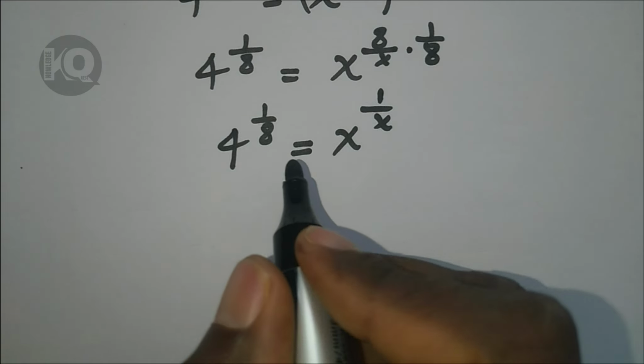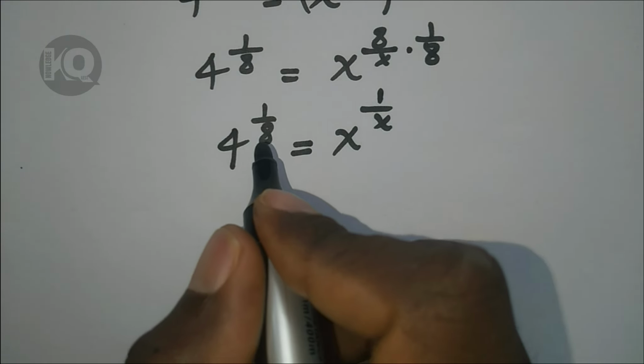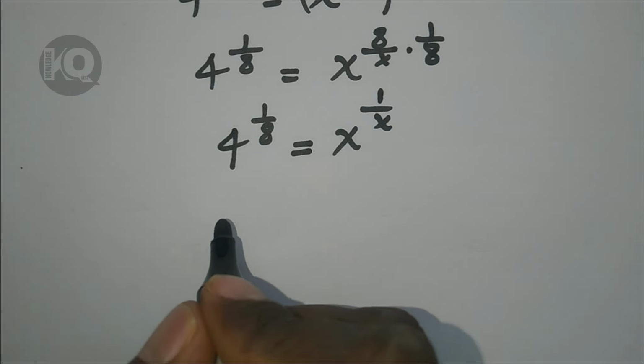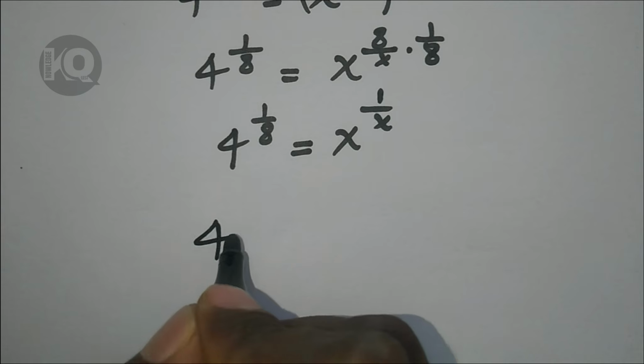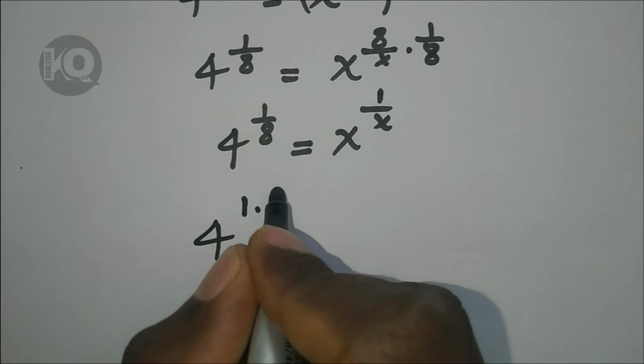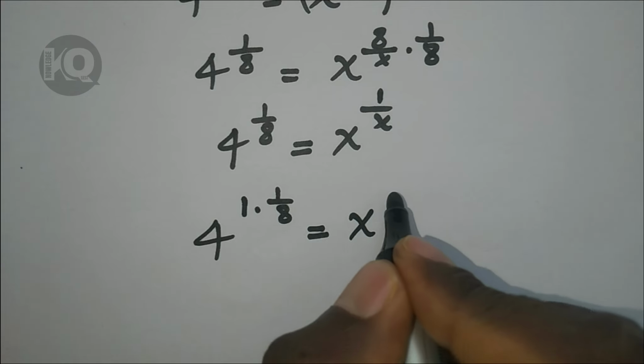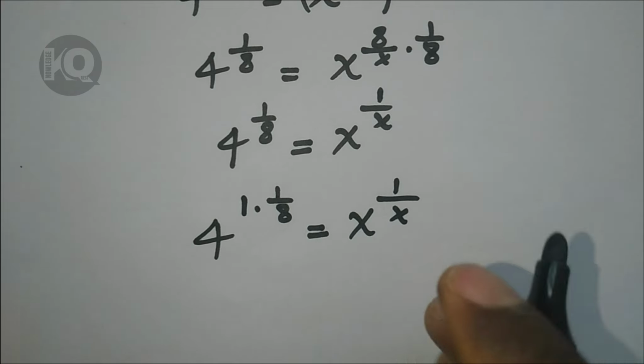Now this 4 to the power of 1 over 8 can be rewritten as 4 raised to 1 times 1 over 8, which equals x to the power of 1 over x.